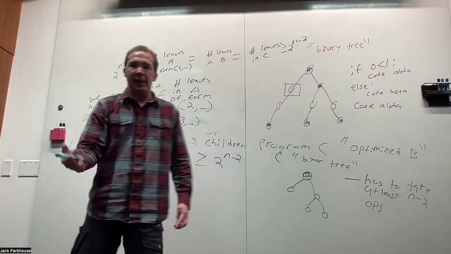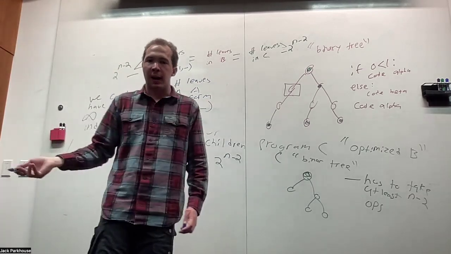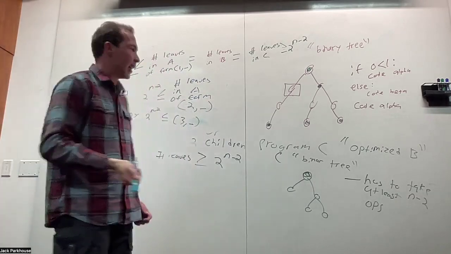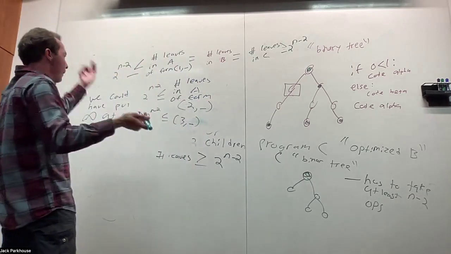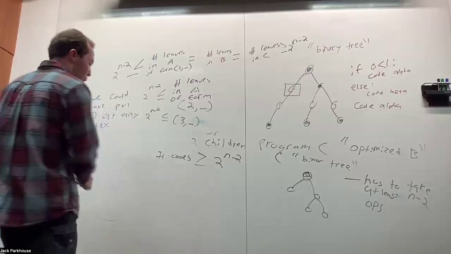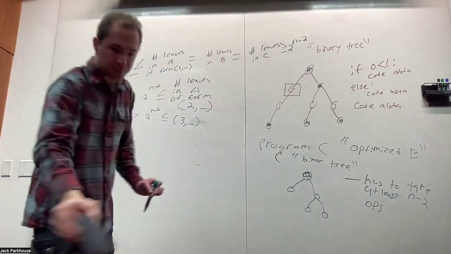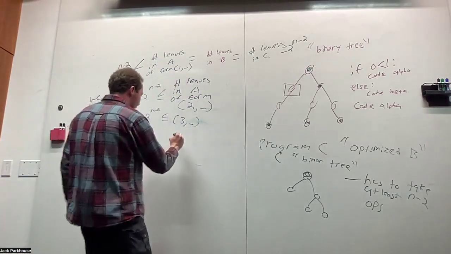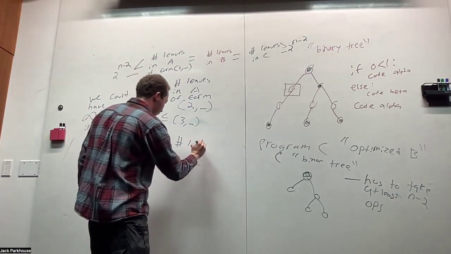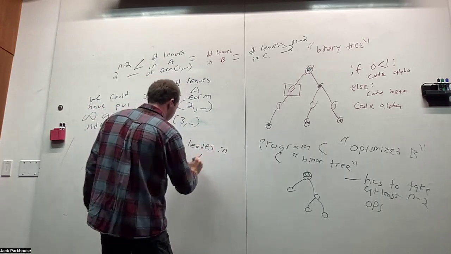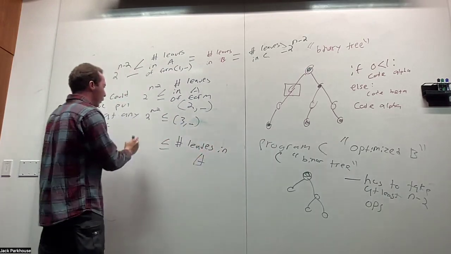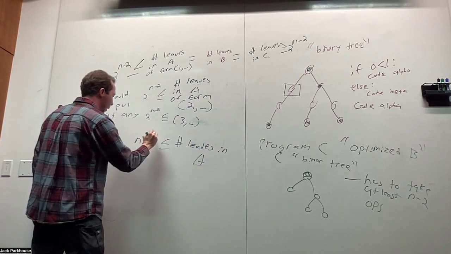And so when you go all the way down, for every single index, you have this inequality, which means that the total number of leaves in A has to be greater than or equal to n times 2 to the n minus 2.